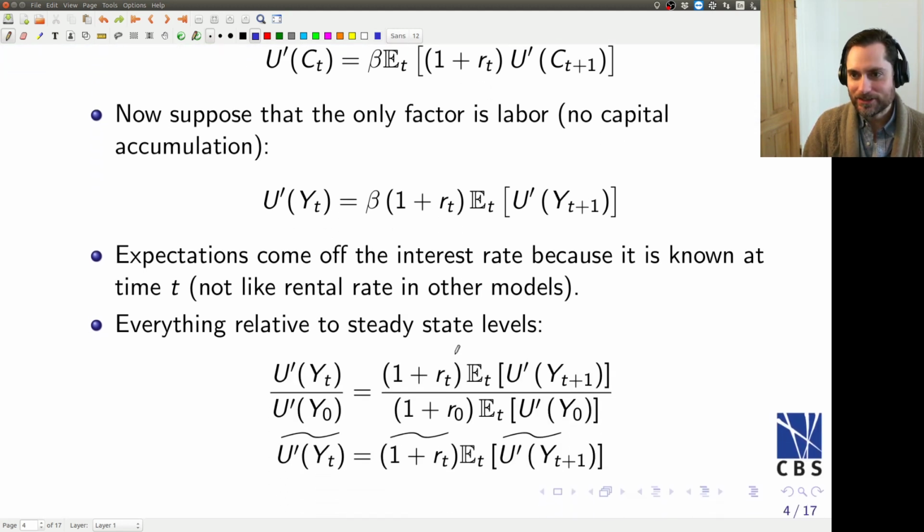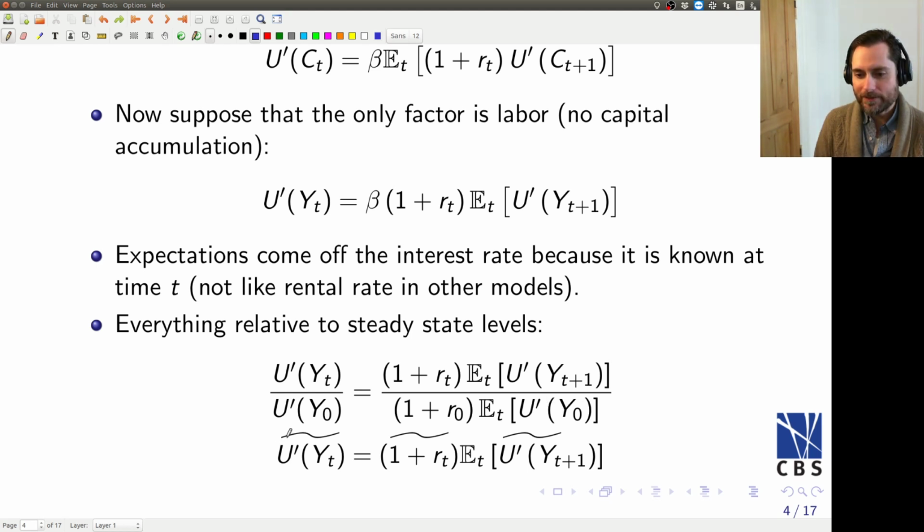So as I just said, we're going to have everything here relative to steady state levels. There's a little bit of notational issues here, but bear with me. So basically, we can just divide this equation by the steady state version of this equation, which is here. And I've got little zeros here on the steady state values.